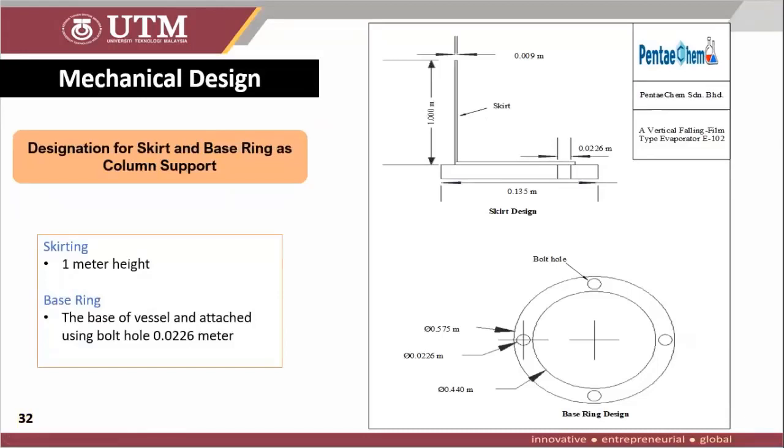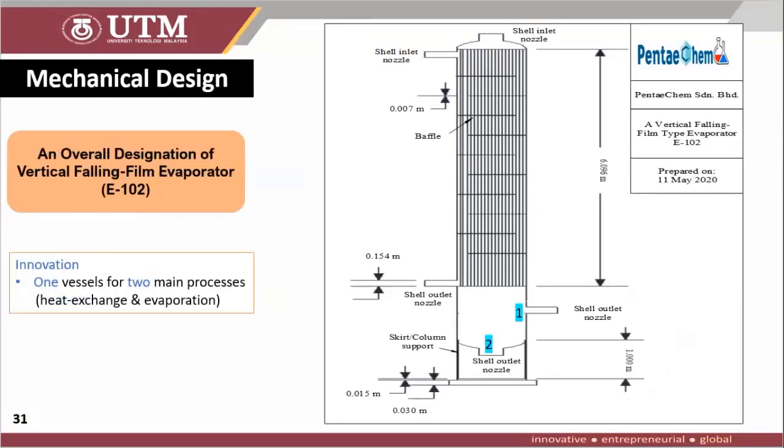Column support, kan? Do you actually have kaki untuk your column ataupun you solely depending on your skirt? Maksudnya ada support macam kaki ataupun you depend totally on your skirting. From this diagram, we totally depending on the skirting. Skirting and bashing. So adakah sufficient untuk support the column?